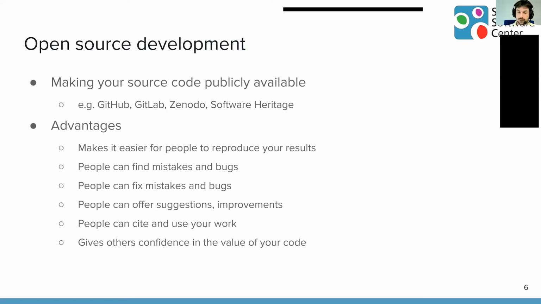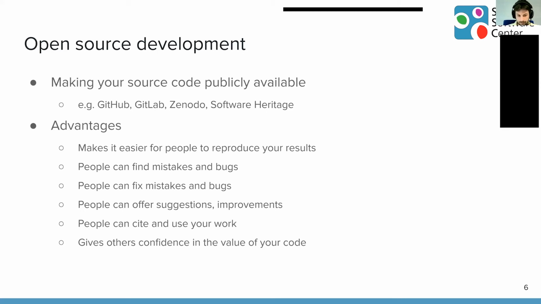So what are the advantages of making your source code open source? So firstly and primarily, it makes it easier or possible for people to reproduce your results. So from a scientific research point of view, that's really vital. It also means people can find mistakes and bugs. And if you're really lucky, they'll tell you about this. And if you're even luckier, they might even provide or offer a fix for any mistakes or bugs that they find.